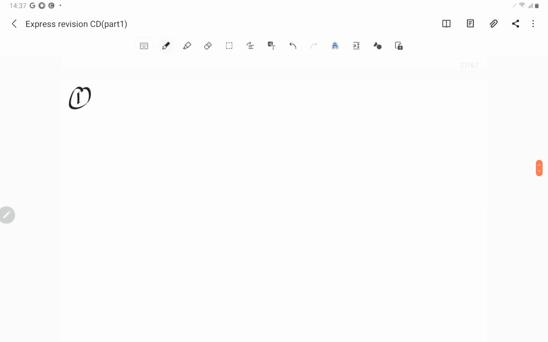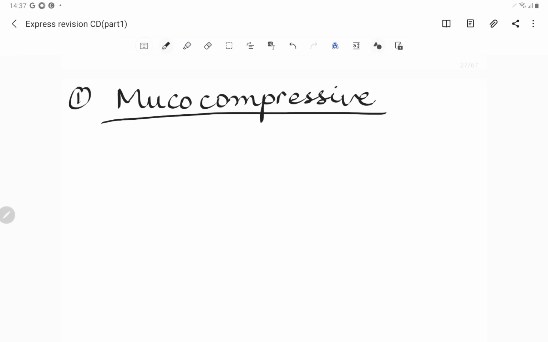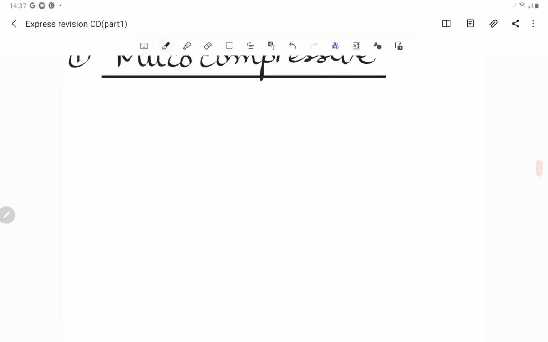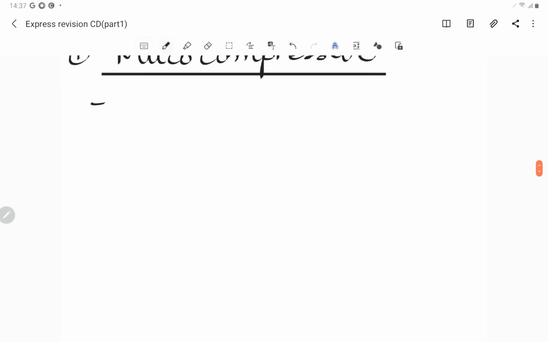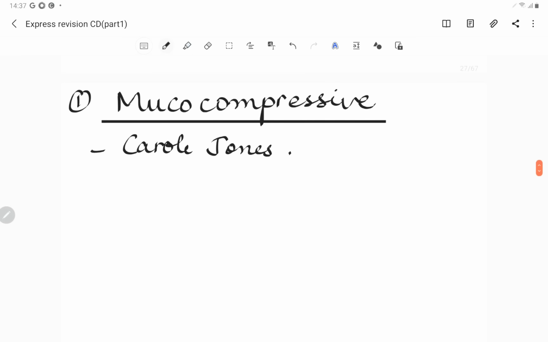So the first one we have is the muco-compressive. As the name suggests, we are going to compress the mucosal tissues, and it was given by Carl Jones. Now you can remember it. C for compressive and C for Carl.